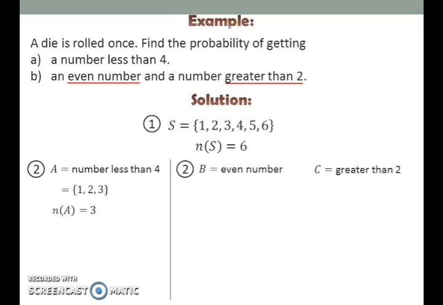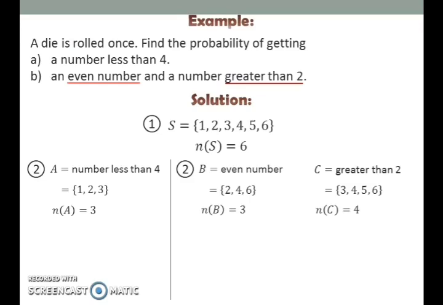From the sample space, the set of event B would be 2, 4, and 6 and the set of event C would be 3, 4, 5, and 6. We can see that there are 3 elements in the set of B, thus number of elements in B is 3. And there are 4 elements in the set of C, thus number of elements in C is 4.